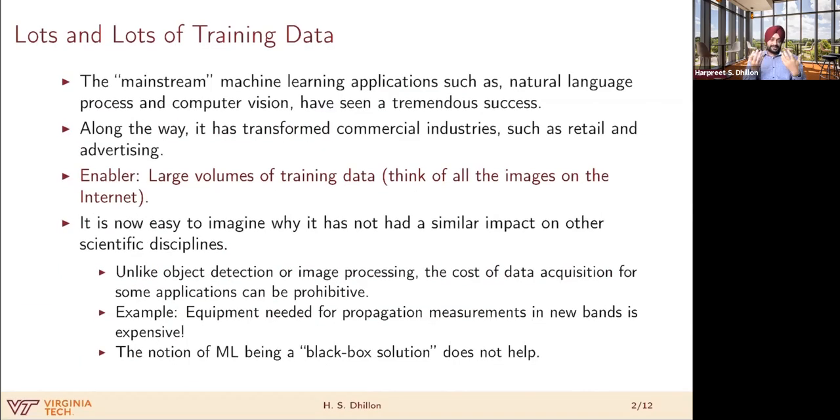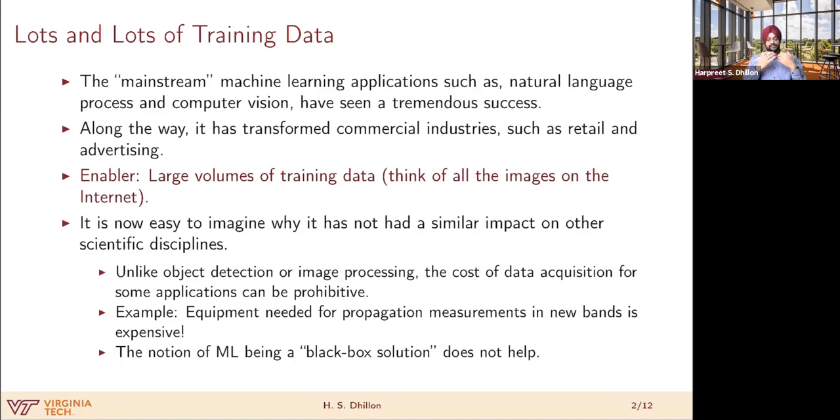So now it is easy to imagine why it has not had a similar impact on other scientific disciplines, right? The cost of data acquisition, for example, in many applications is prohibitive. Think of the equipment one would need to perform new propagation measurements in new bands, right? Think of, for example, propagation measurements in terahertz bands.